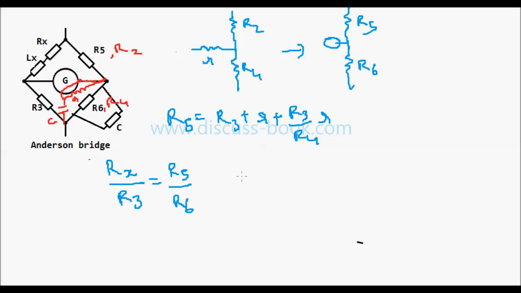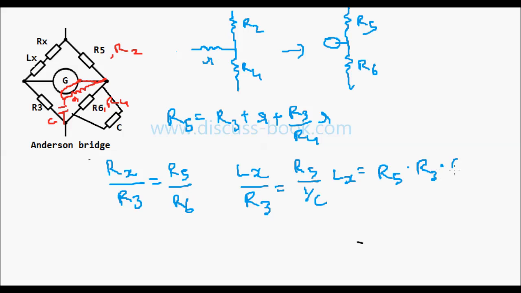And in order to write the equation for Lx, you have Lx divided by R3 is equal to R5 divided by 1 by C. So Lx is equal to R5 into R3 into C, where R5 is R3 plus R plus R3 by R4 into R.